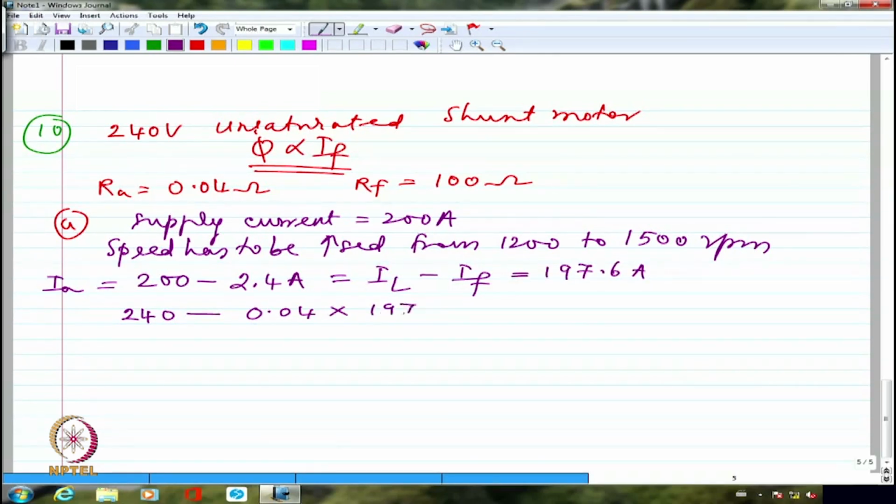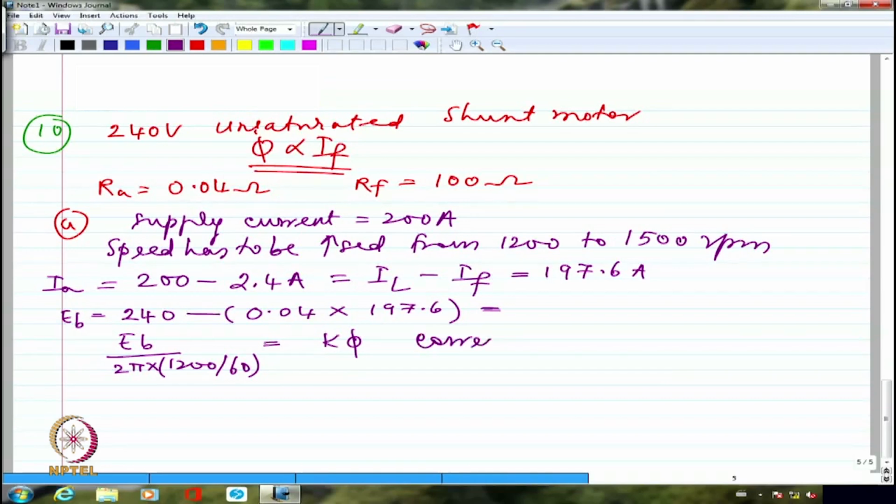So 197.6. This is going to be my EB. Right? So once I get my EB, I would be able to get my K phi or K times IF, whatever. So I can say speed, that is EB divided by 2 pi into 1200 by 60 will give me K phi corresponding to 2.4 ampere of IF.